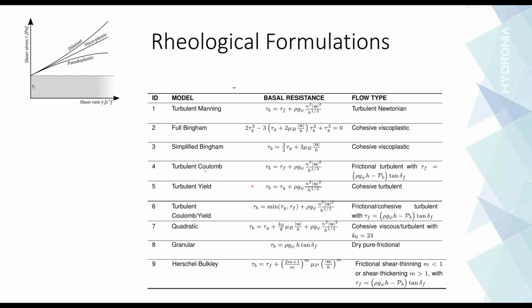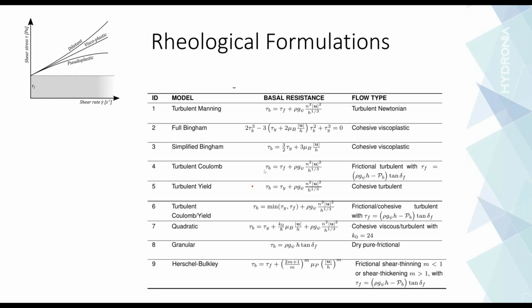Then we have the turbulent Coulomb and also the turbulent Coulomb and yield, which include the frictional components for materials where the solid phase is so close together that the friction between the solid grains becomes very, very important.